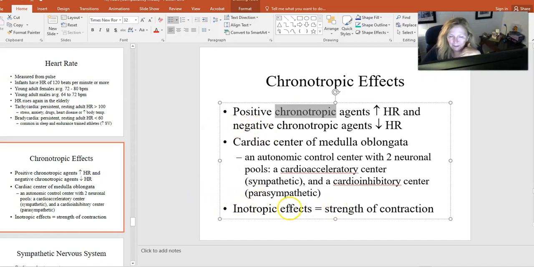A positive inotropic medicine could actually increase the contraction, not the rate, but how hard it contracts. And a negative inotropic would decrease the contraction strength.